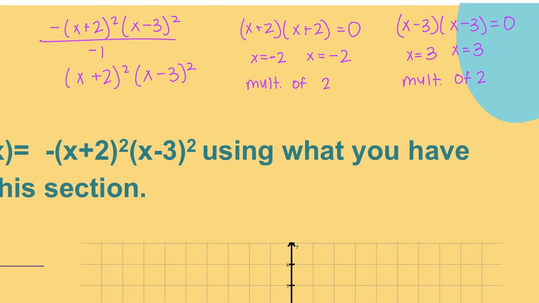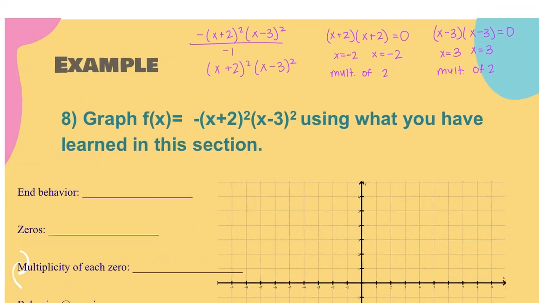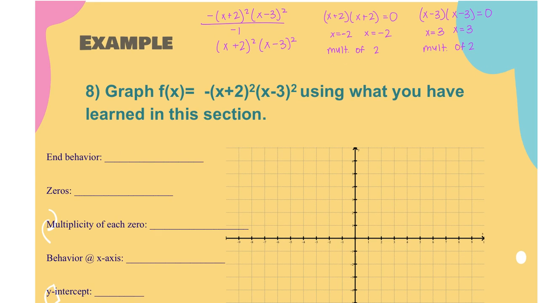So in the end, I have 2 zeros, because I don't have to write them twice. So my zeros are going to be x equals -2 and x equals 3, and they both have a multiplicity of 2.